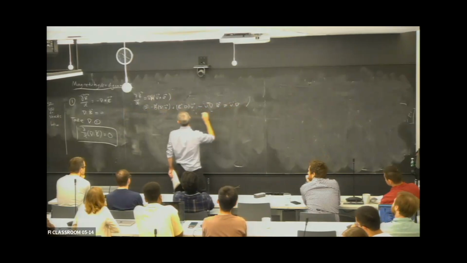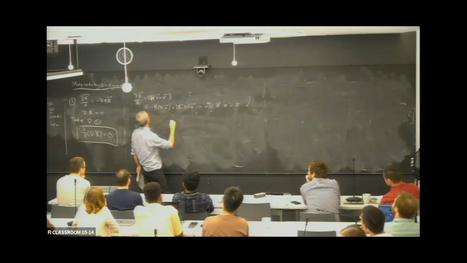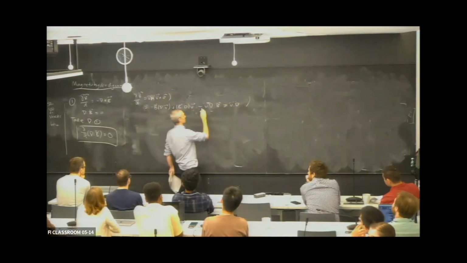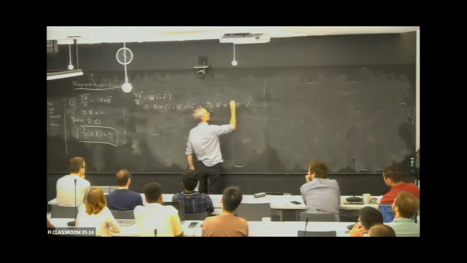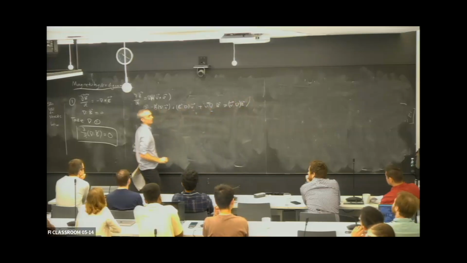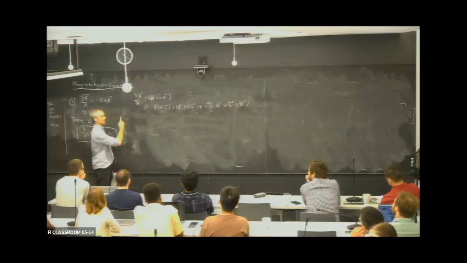I want a minus there. Oh yeah, because it's a curl, so it must flip sign here. All right, so I expand out my vector identity.